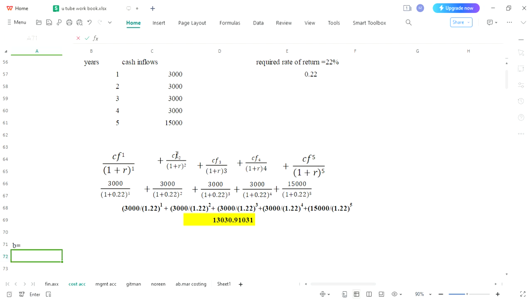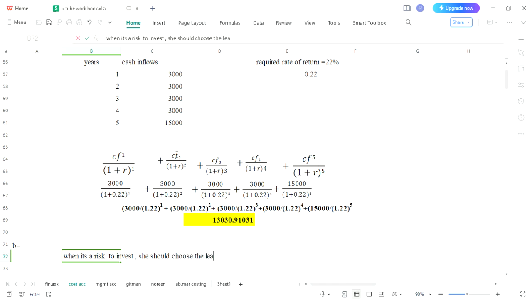A short statement would be made: when it's a risk to invest, she should choose the least amount to pay, and in that case the least amount calculated is this, 13030.